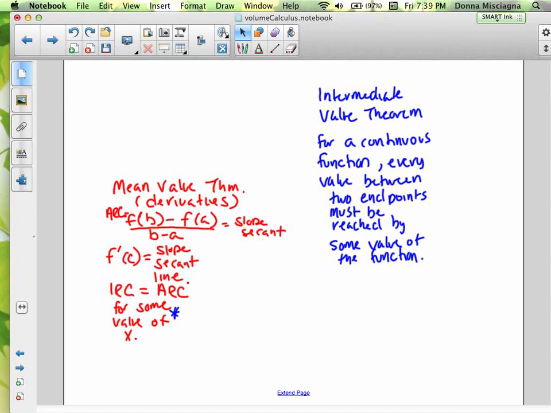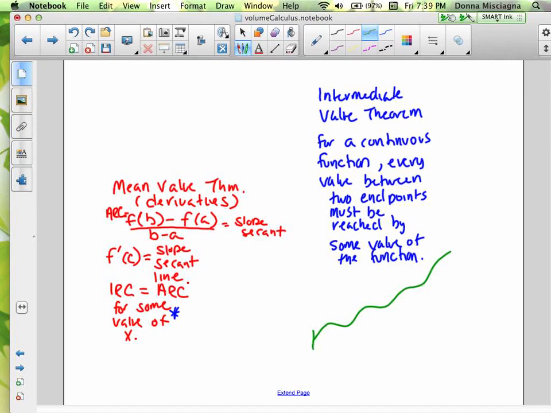So, in other words, if I have some function here, where's my picture? There we go. And this right here is a, a picture's always worth 1,000 words. And there's b, so right here, that's f of a, and right here, that's f of b.